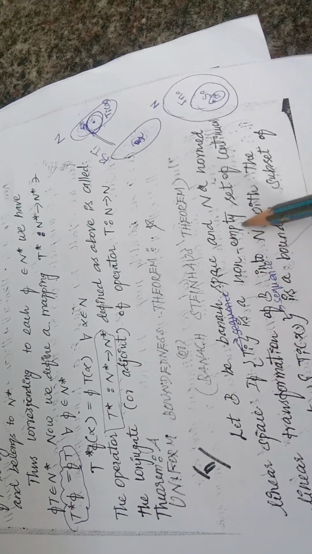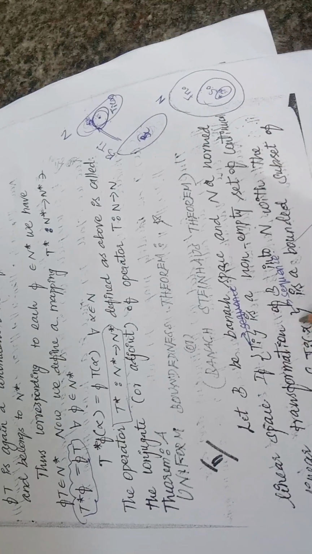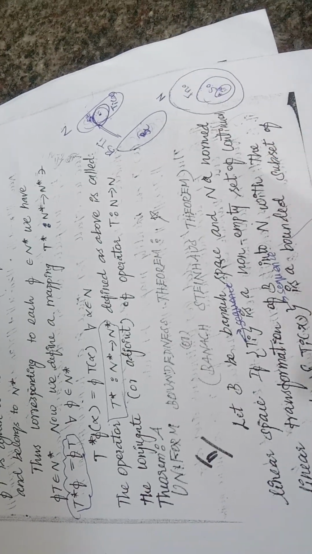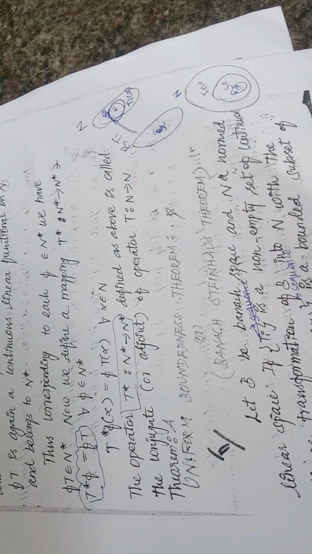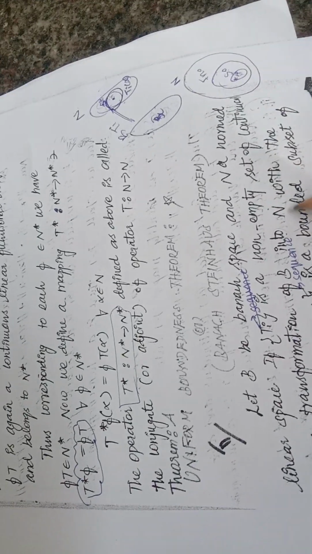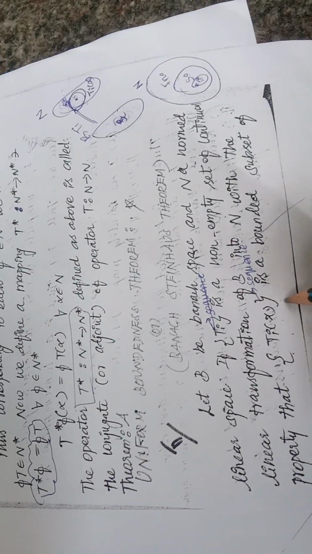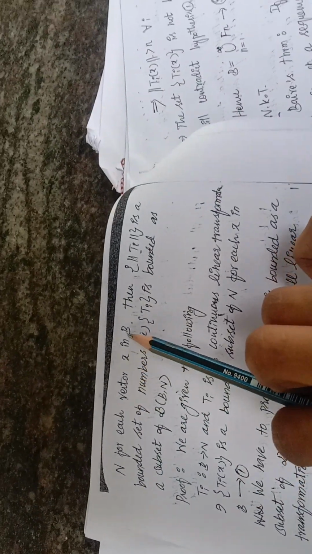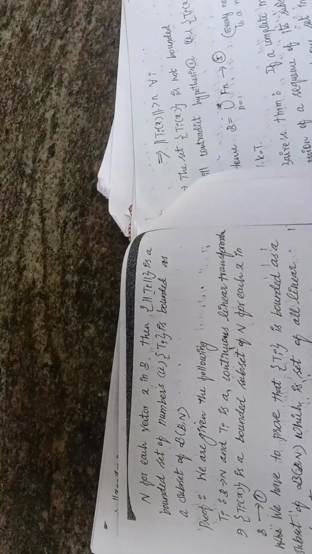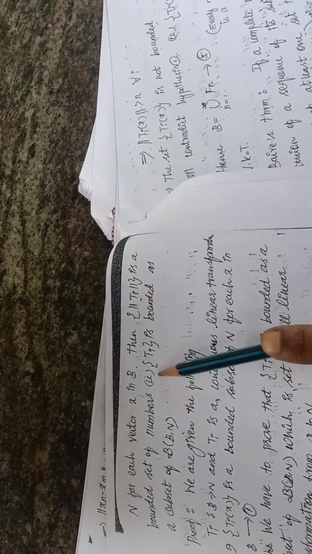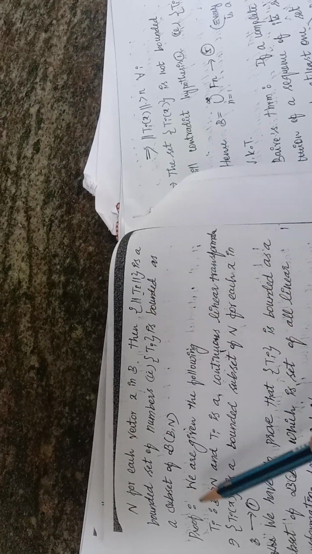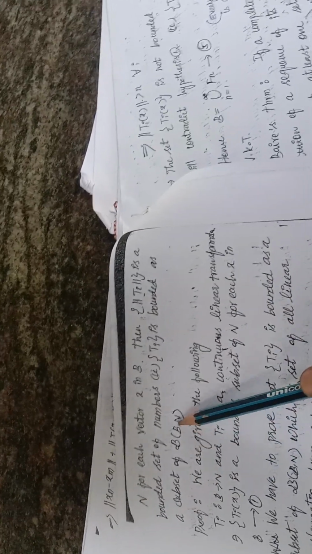So {Ti} is a non-empty set of continuous linear transformations of B into N with the property that {Ti(x)} is a bounded subset of N for each vector x in B. Then the sequence of norms of Ti is a bounded set of numbers, which means {Ti} is a bounded subset of B(B, N).